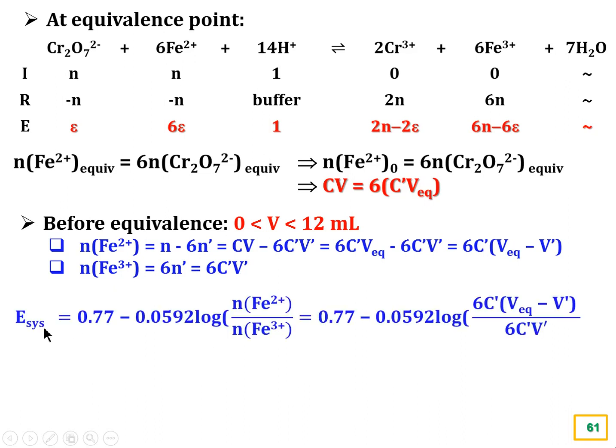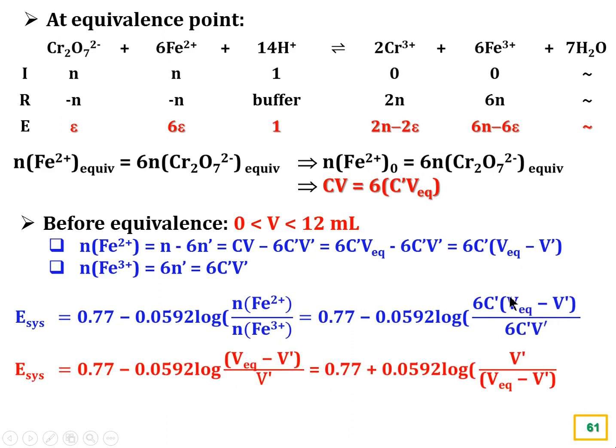We apply the Nernst equation on the system Fe3+/Fe2+, and here we observe the appearance of C', V equivalence, V', C', and V'. We simplify by C', so E of the system equals 0.77 plus 0.0592 log of V' divided by (V equivalence minus V'). So the correct answer is D.